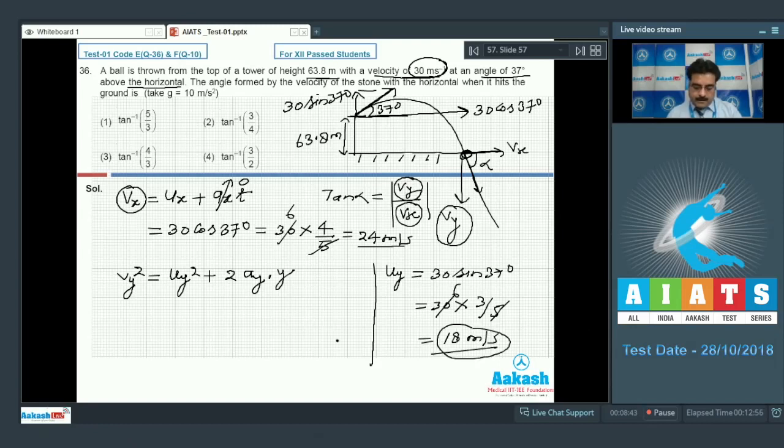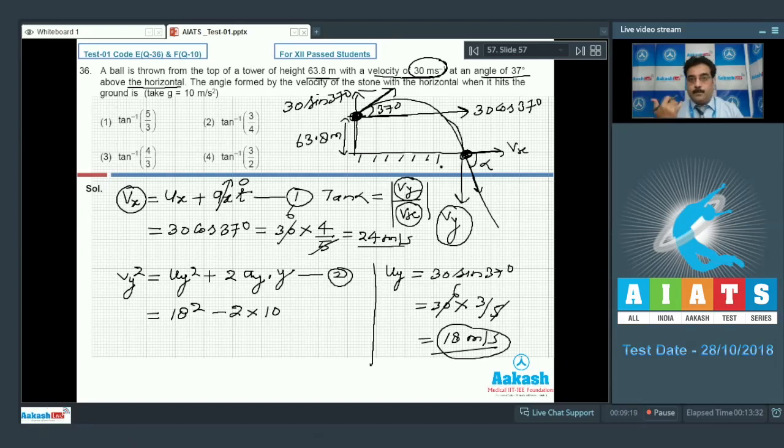When I place this value in equation number 2, if I consider this my equation number 1, uy is 18 squared. Because my point of projection is at a height of 63.8 meters and finally the ball will come down, I am going to take acceleration due to gravity as negative, 2 into 10. But you have to be very careful when you place the value of y, because your point of projection is this and finally the hitting point is this.